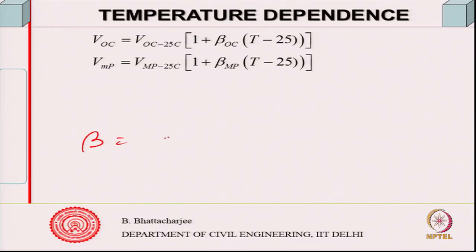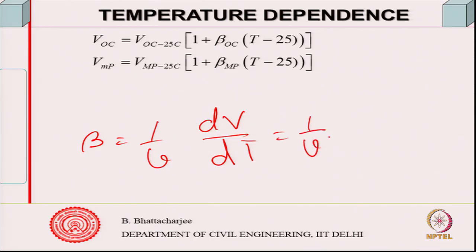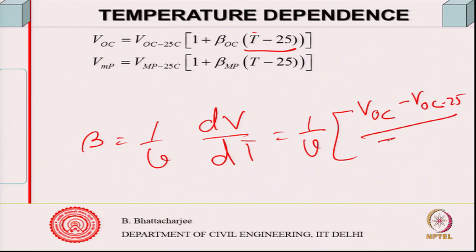Beta can be written as 1 by V, and I am interested in 25 degree centigrade and some temperature T. So, VOC at temperature T minus VOC at 25, divided by T minus 25.